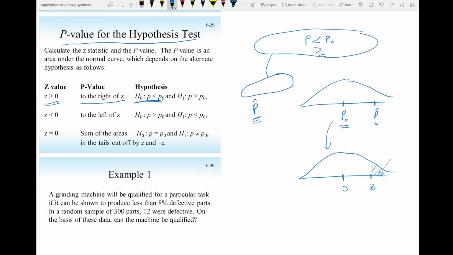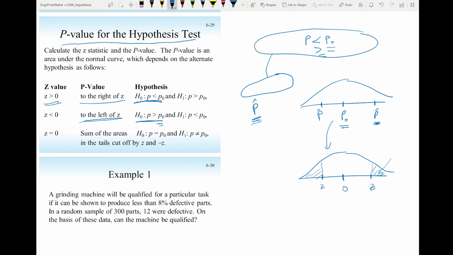If the sample proportion came less than p0, something like here, then this will be the equivalent z. Then the p-value will be this area to the left of z. And now the sample gives evidence that the proportion is actually less than p0. So the null hypothesis will be the opposite, that the proportion of the population is larger than p0.